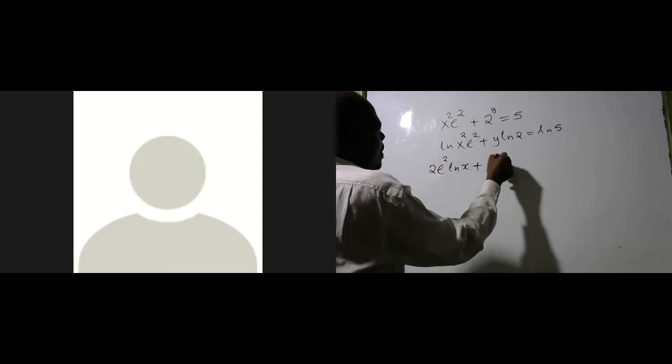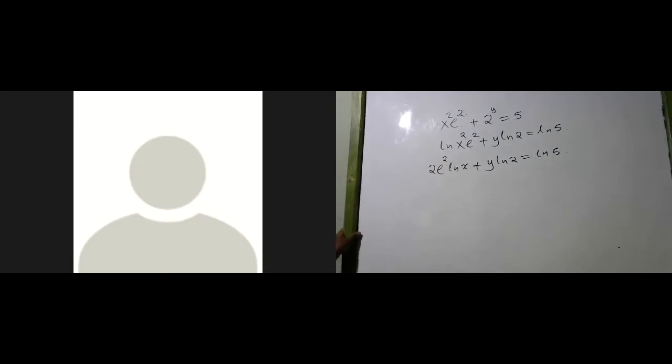You can write 2 e squared ln of x, plus y ln of 2, is equal to ln of 5. Also, ln of 5 is just a number. When you put it in a calculator, you get just a number. So the differentiation of a constant is just 0.